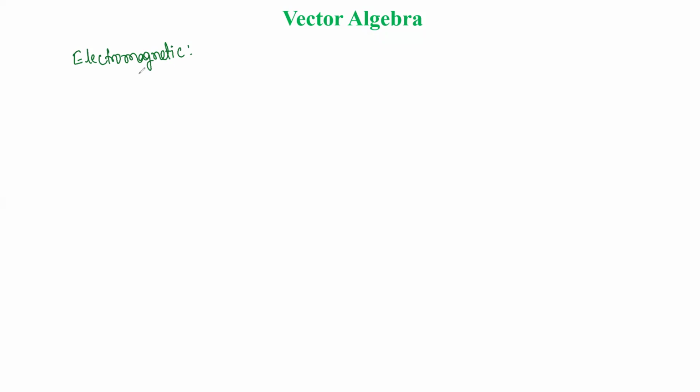So later we will have electrostatics, where we have charge at rest, and sometimes we have charge in motion, that we are going to see. In case of electromagnetics, when a wave is going to propagate, suppose here we are considering that the wave is propagating along the z direction.